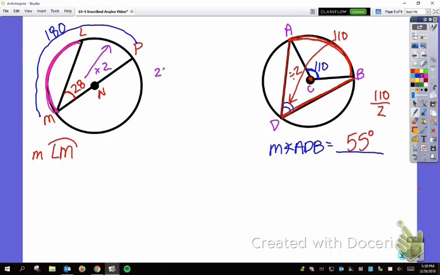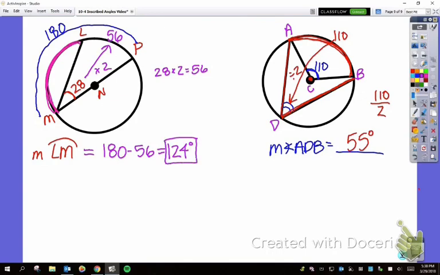So 28 times 2 equals 56. So we know this arc is 56. And if we know that arc, and we know that arc MLP equals 180, then to find arc LM, we would say 180 minus 56, which ends up giving us 124 degrees.